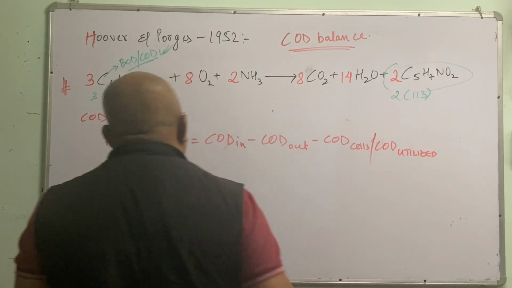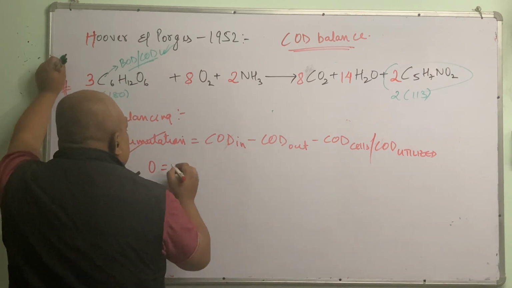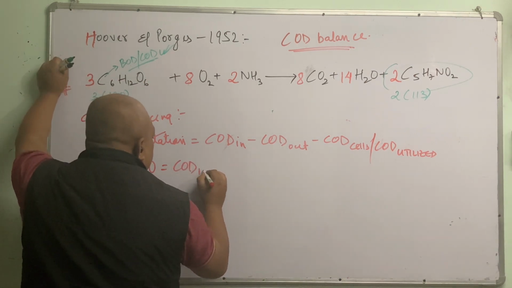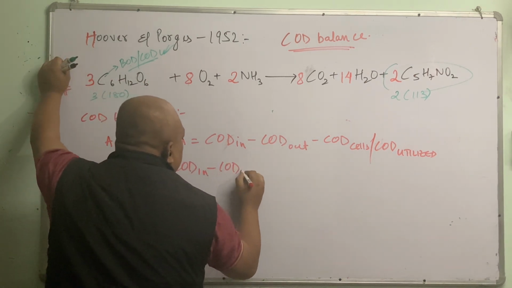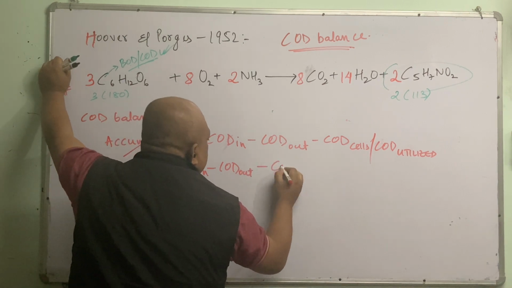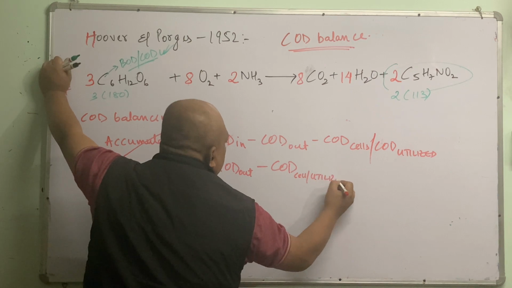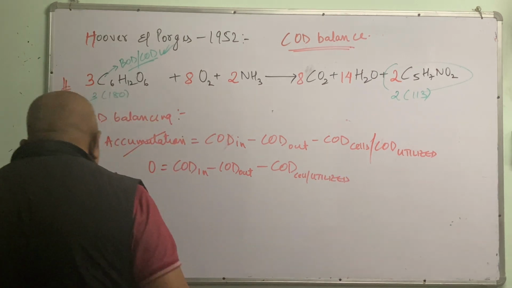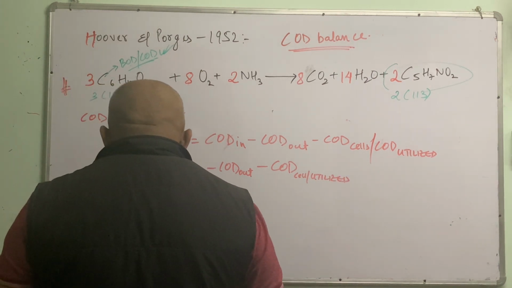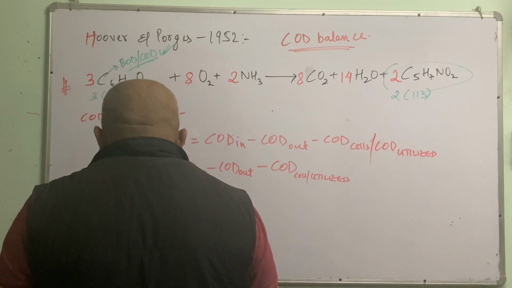So as simple as that, this is COD in minus COD out minus COD cells or utilized. Okay, now from this equation, let us have a look then.